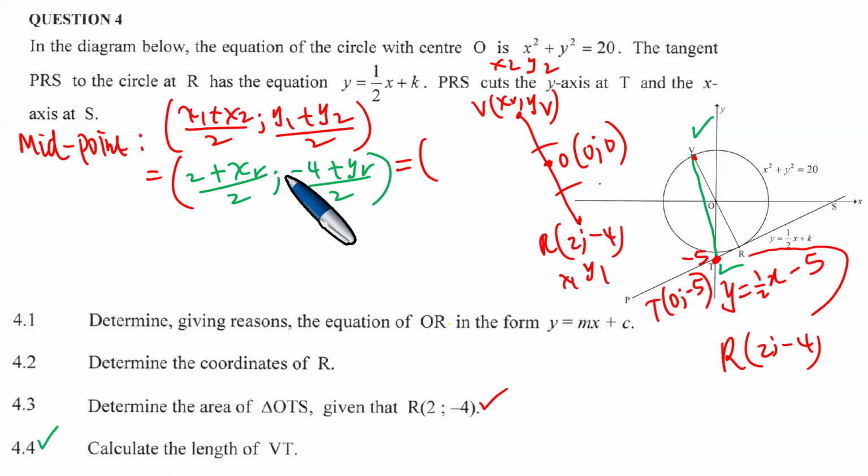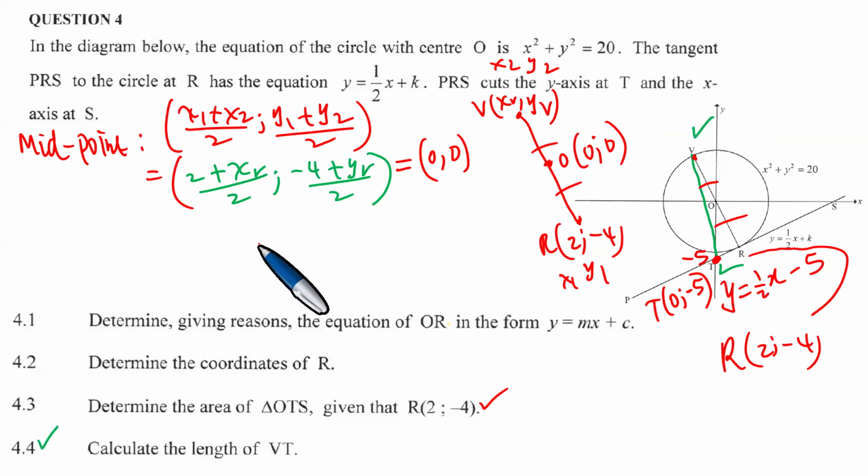Now the midpoint is the origin, which is 0 and 0. So you take x1, add x2, and divide by 2. You take y1, add y2, and divide by 2. This is the midpoint, and it is equal to the origin, 0 and 0, because OR is a radius and OV is a radius.